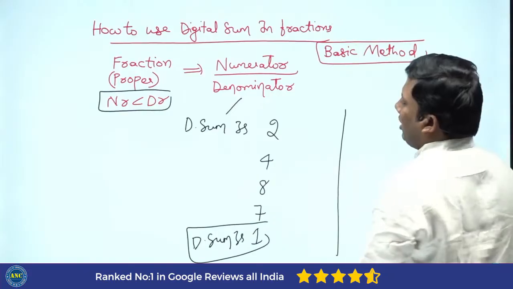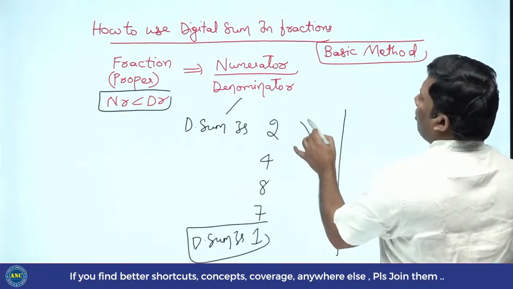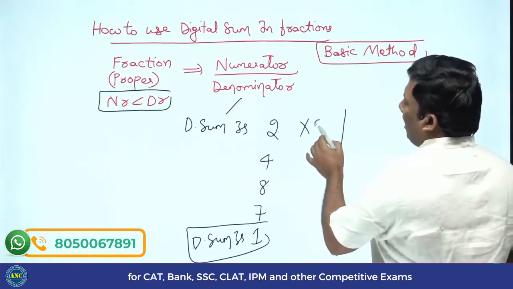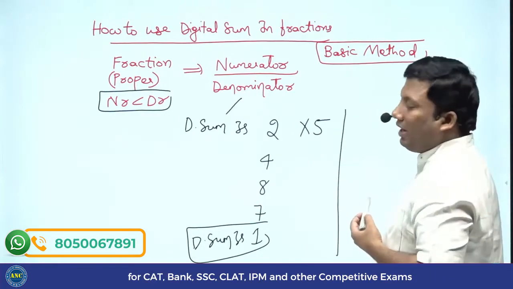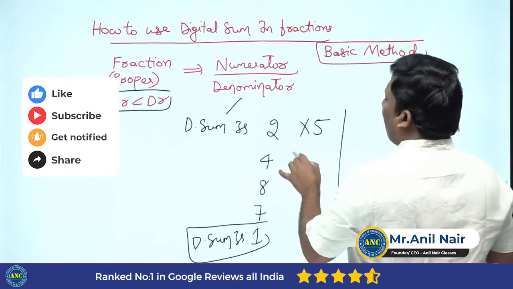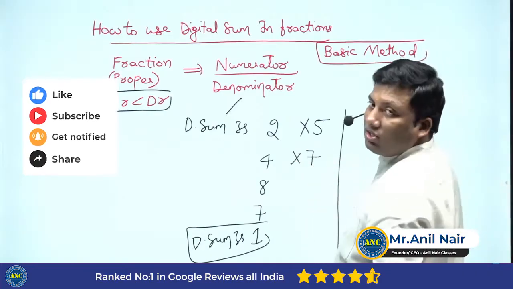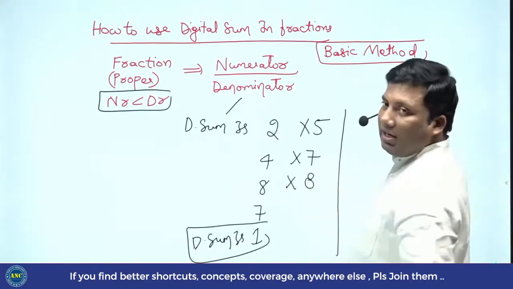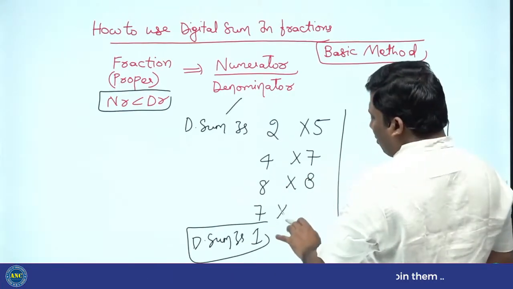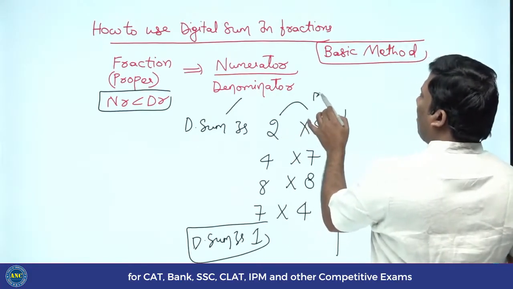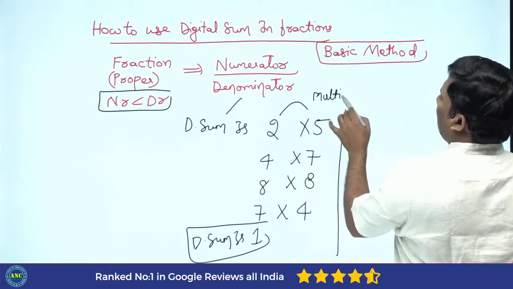If the digital sum is 2, multiply numerator and denominator by 5. 2 fives are 10, digital sum 1. 4 sevens are 28, digital sum 1. 8 eights are 64, digital sum 1. 7 fours are 28.